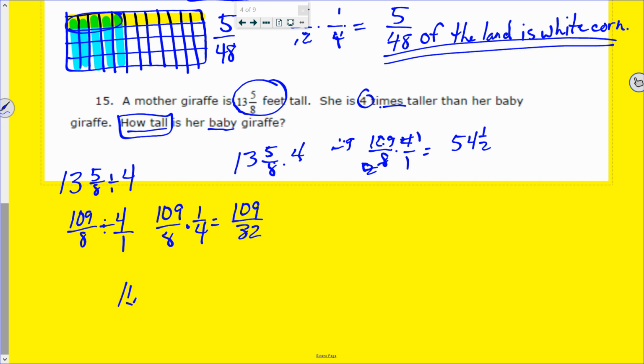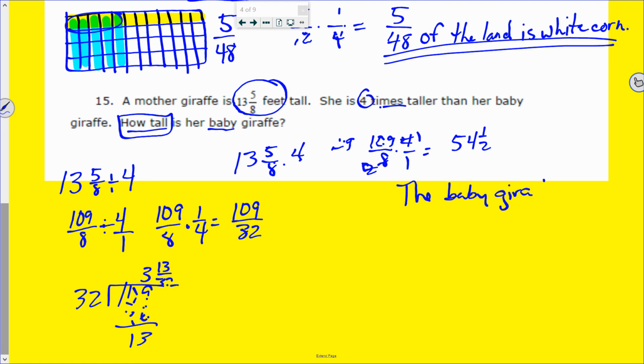When I do the math, 109 divided by 32 goes 3 times. 96 gives me 13 left over, so that's my new numerator. So my final answer is the baby giraffe is 3 and 13/32 feet tall.